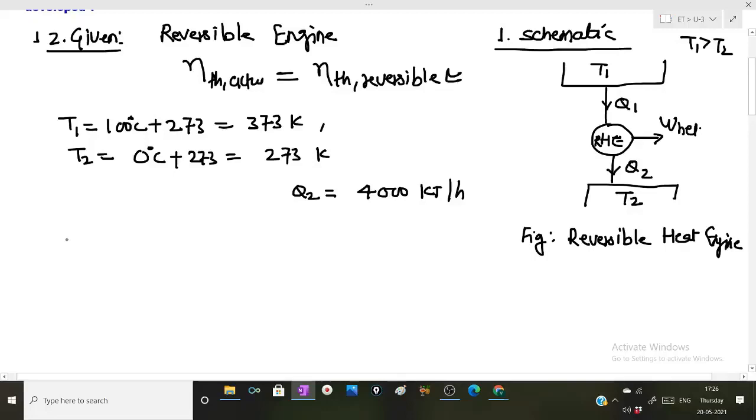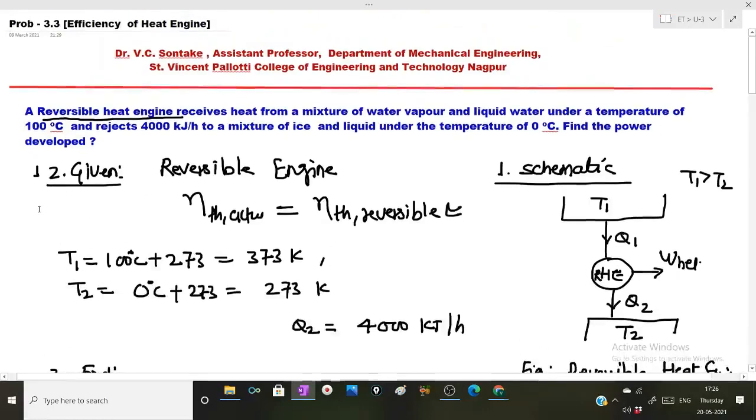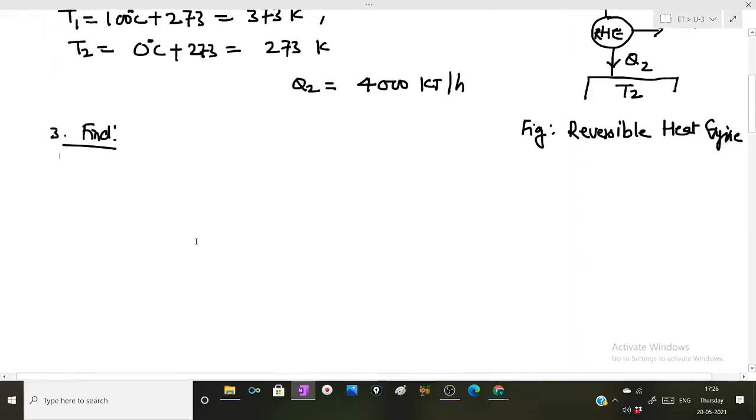Now I will come to that. What you are supposed to find out? You are supposed to find out the power developed, that is W net. Okay, so let us do our calculations.